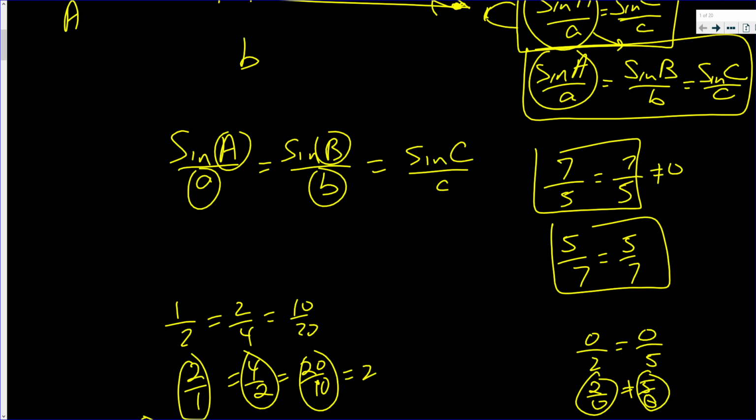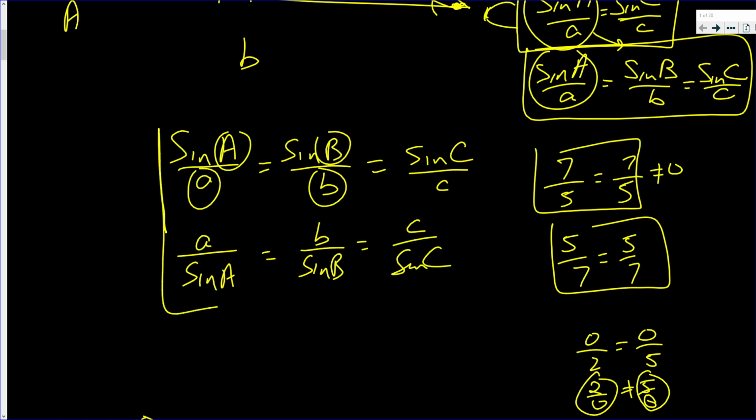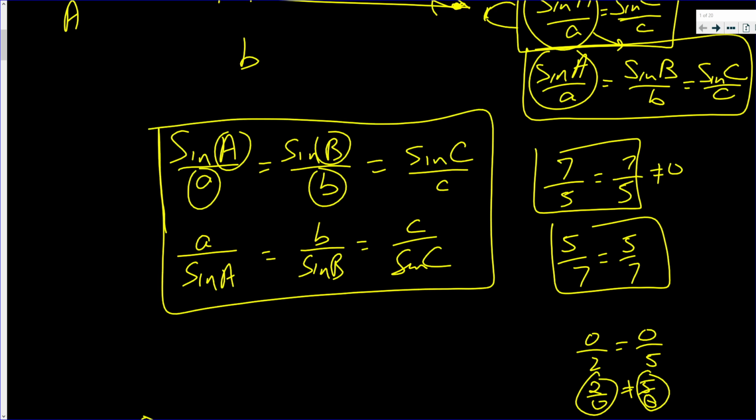They're all 2. That is, it is true that the reciprocal of each of these fractions above are also equal. Okay, so we could use those two facts to solve law of sines problems.